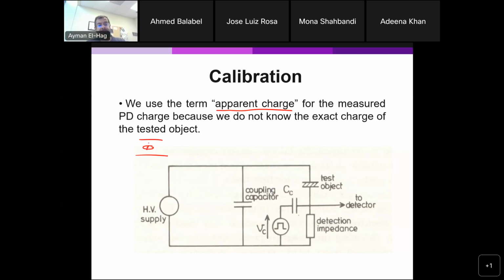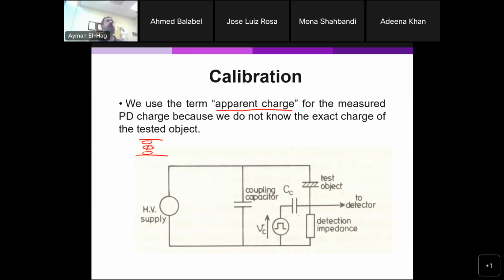Now, if the void changes its position, the overall capacitance will be different. And the amount of charge released from that defect will be different, because each time you have a different capacitance between the coupling capacitor and the capacitor of the system. So basically what you see is not the exact charge, but the apparent charge, because the voltage division between the insulation capacitor system and the coupling capacitor is not constant.